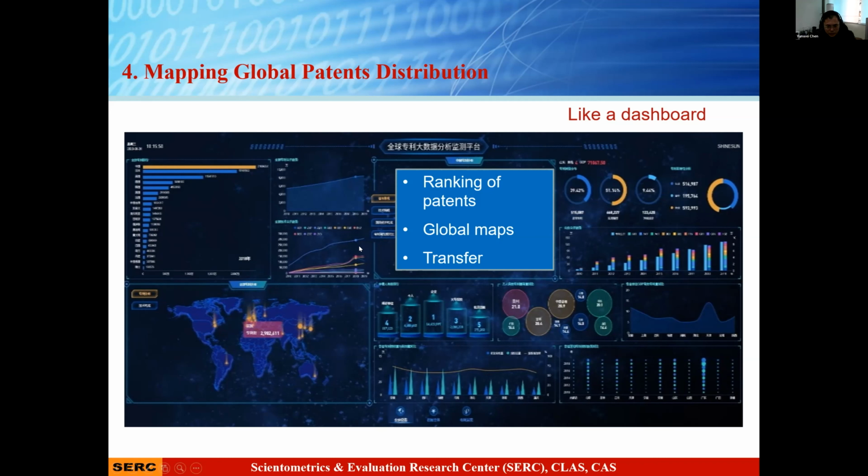And for each country, you can click to go to America, Canada, China, Japan. Also, you can find the patent information. It's very useful.